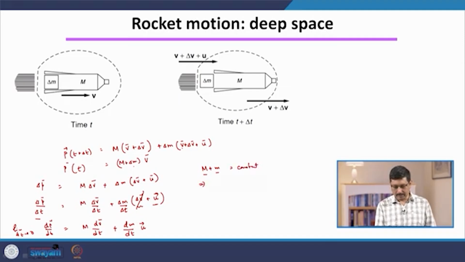That means the rate of change of the fuel ejected from the rocket is going to be the negative of the rate of decrease in the mass of the rocket. So, then we can simplify this equation.